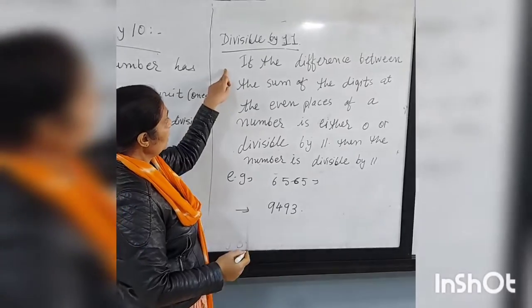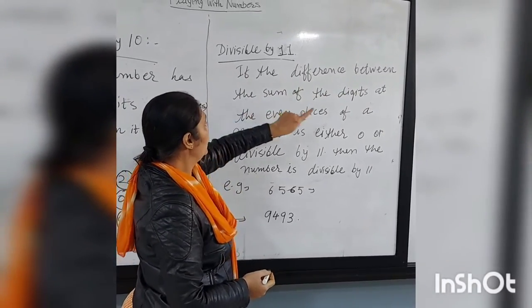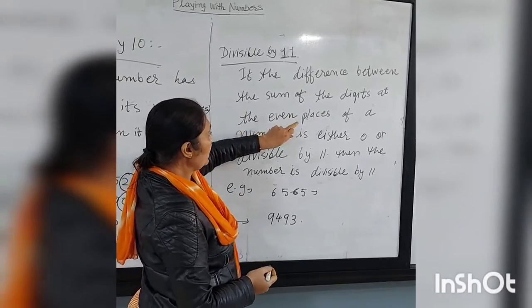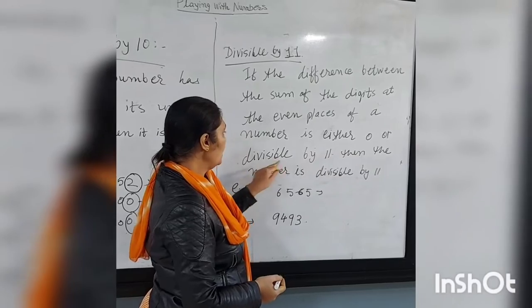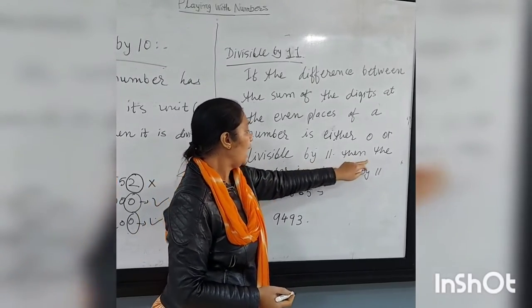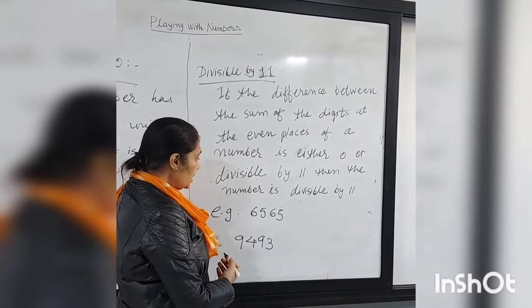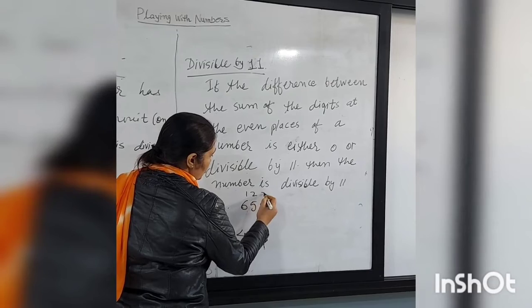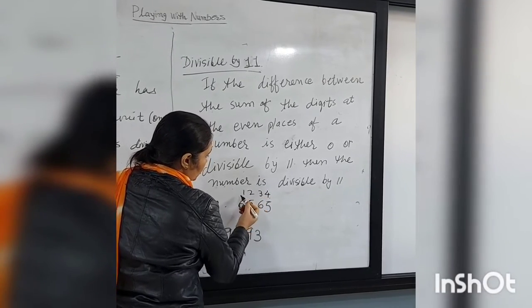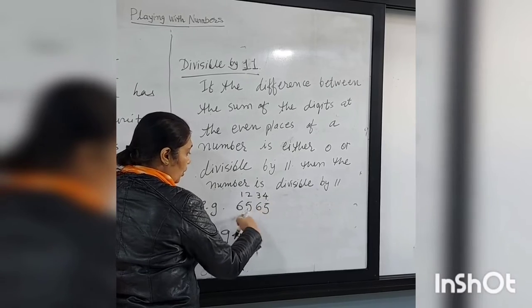Now for 11. If the difference between the sum of the digits at odd places and the sum of the digits at even places of a number is either 0 or divisible by 11, then the number is divisible by 11. As per the example, in 6514, we number the places 1, 2, 3 and 4. So we have to take the digit place order, odd and even, not the number.